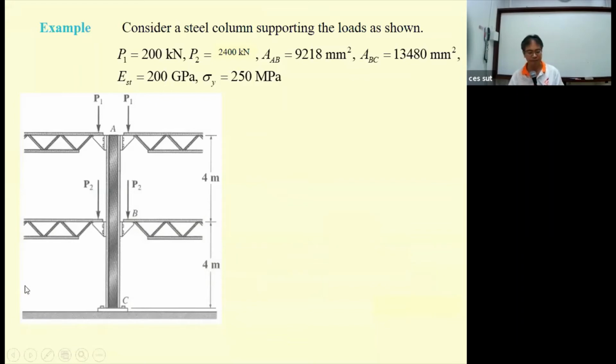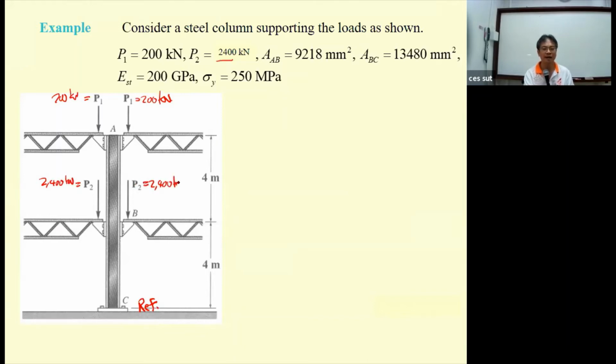We have the support at point C, and this is going to be the reference line of our calculation. Under the application of P1, which is 200 kilonewton, and also P2, that is going to be 2,400 kilonewton.